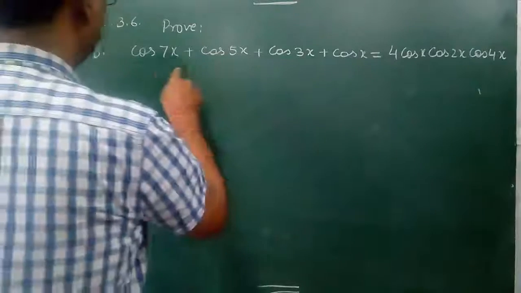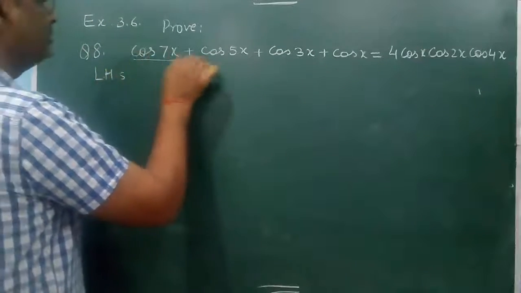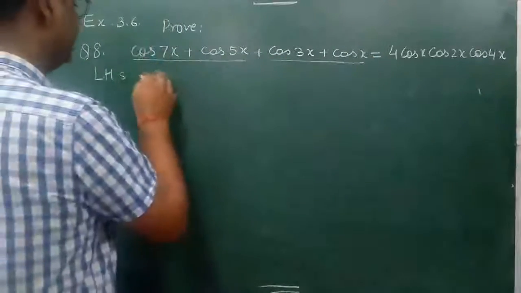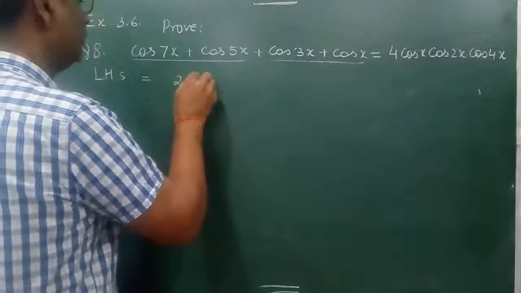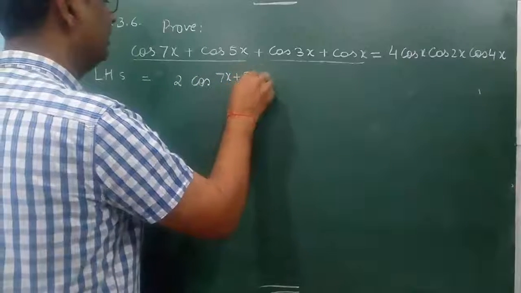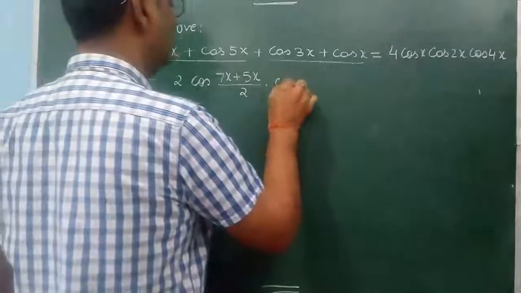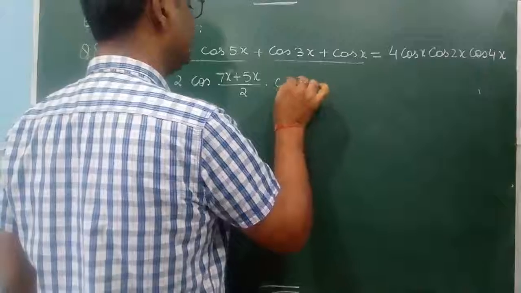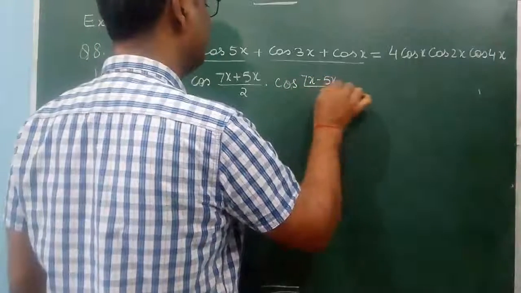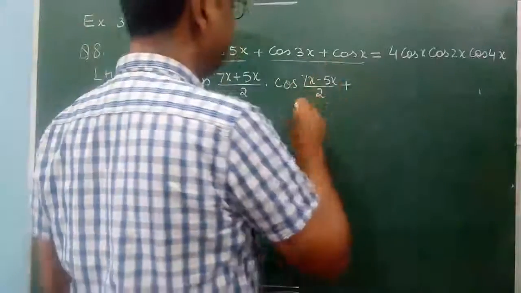Here we can use the formula. LHS we can take. We will be taking these two first and these two. Cos A plus cos B is equal to 2 cos (7x plus 5x) by 2 into cos (7x minus 5x) by 2, plus the same thing we will be doing here.